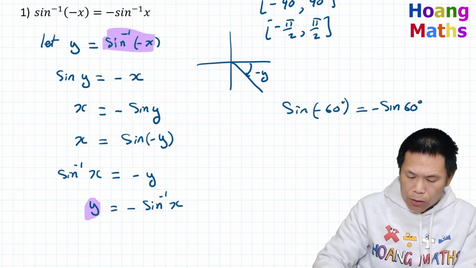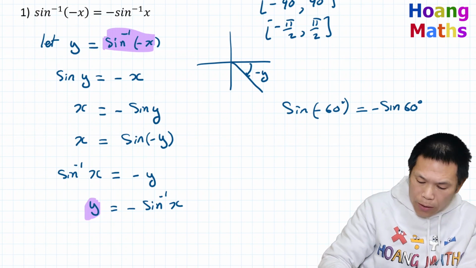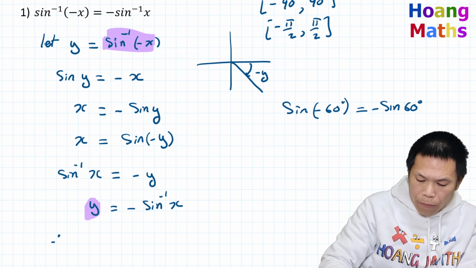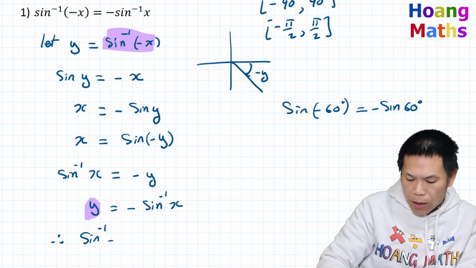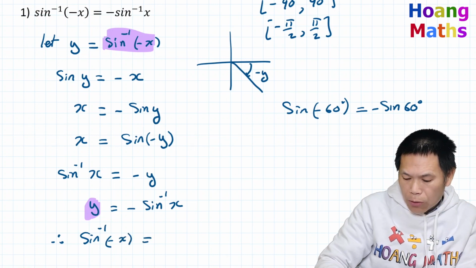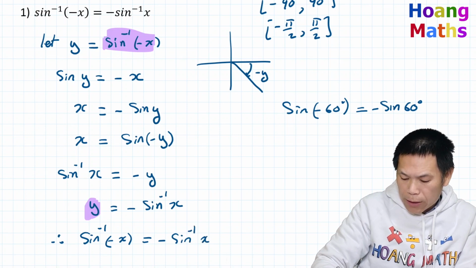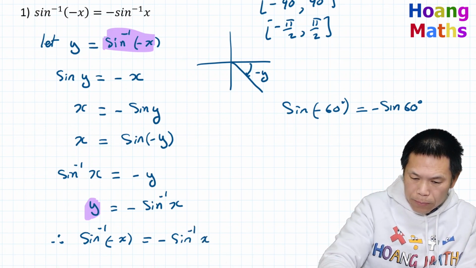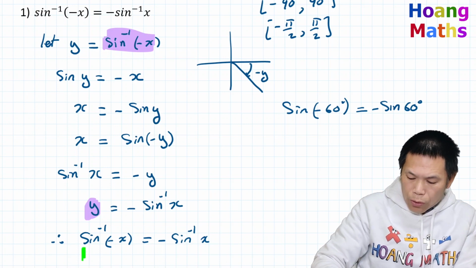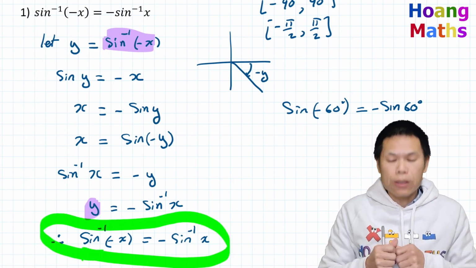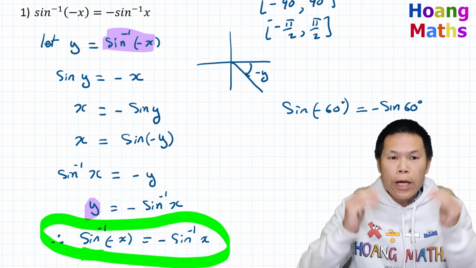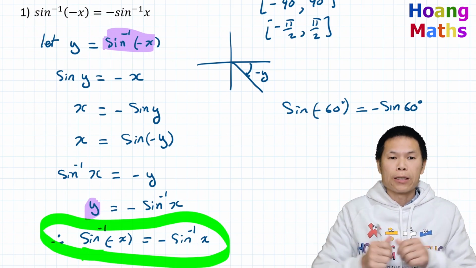So now let me just substitute that in. That means, therefore, sine inverse of negative x is equal to negative sine inverse of x. So there you go. Sine inverse of negative x is equal to negative sine inverse of x.